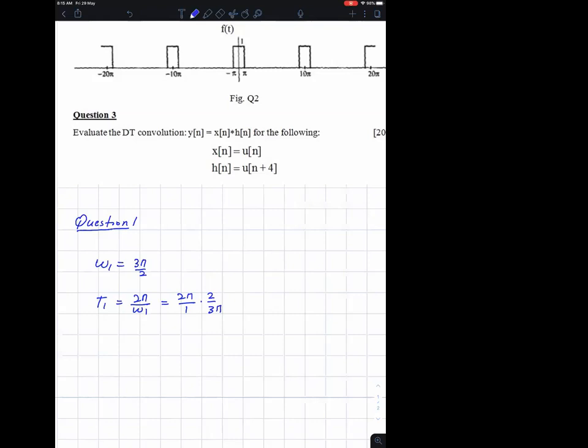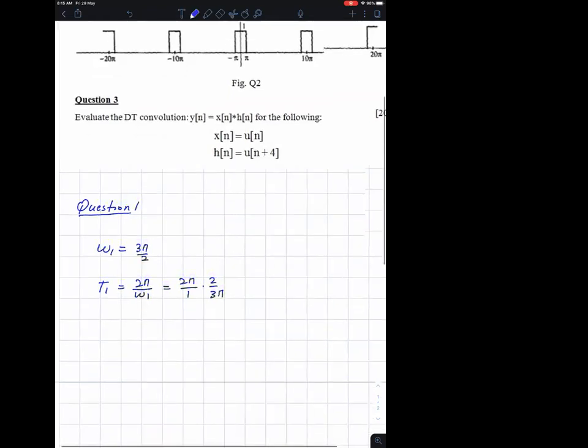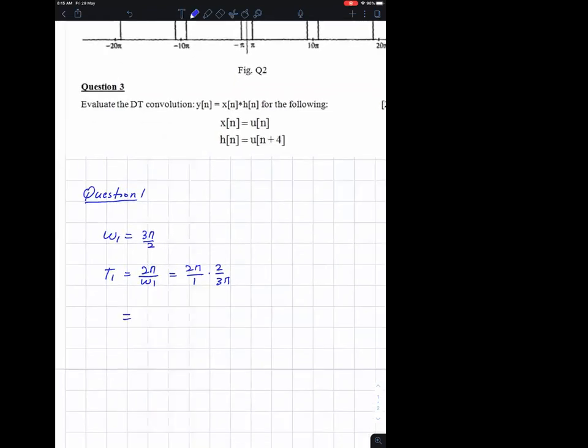Is it okay? Okay, sir. So if you cancel these 2, then you will get T1 is equal to 4/3.